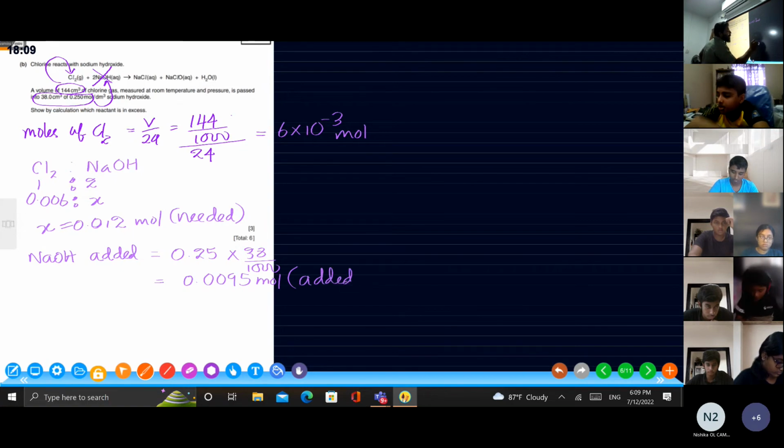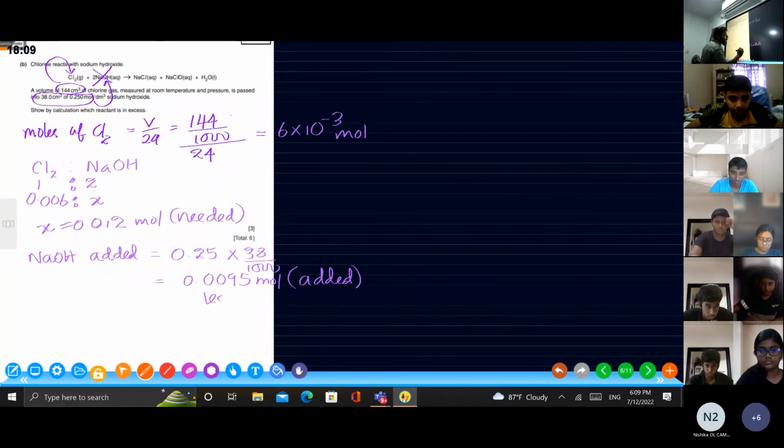Tell me whether the added moles or needed moles are higher or less. This much is needed stoichiometrically. Have we added that amount? No. So you have added less sodium hydroxide.